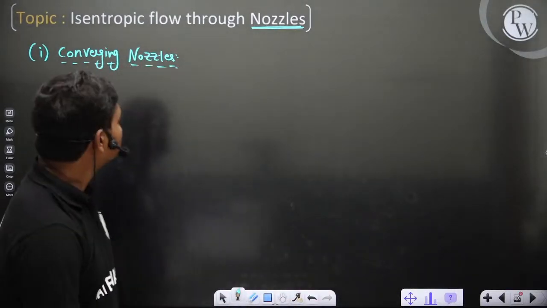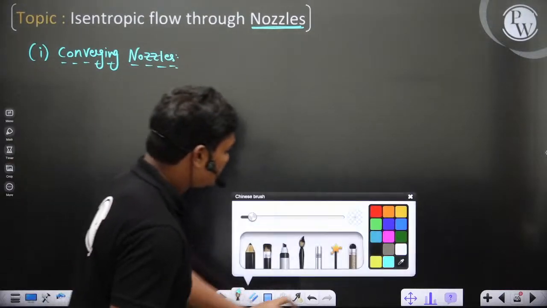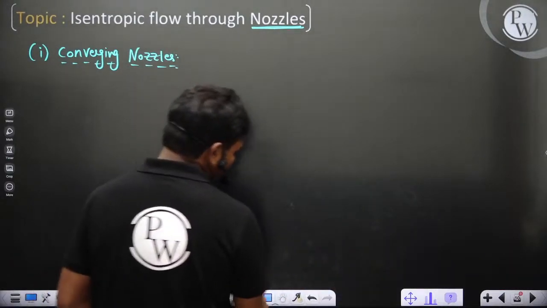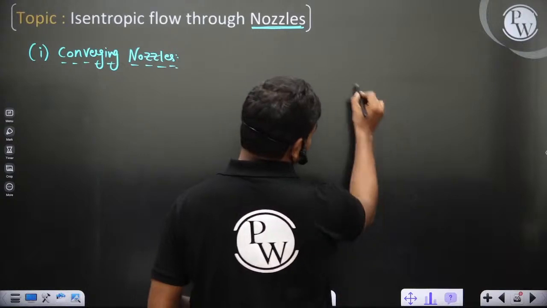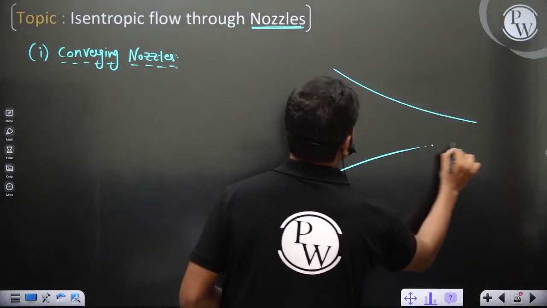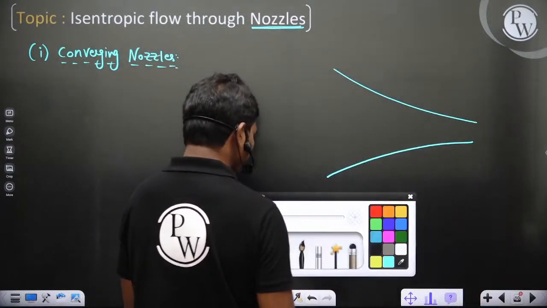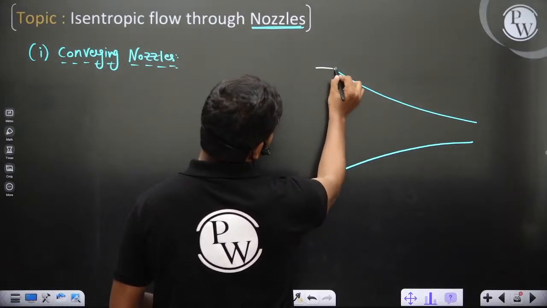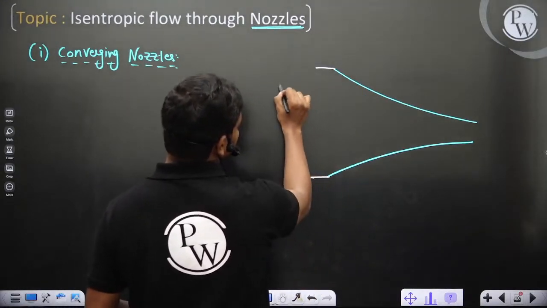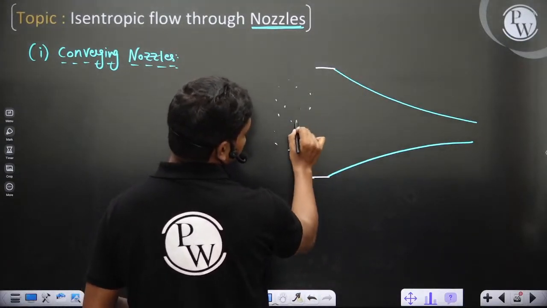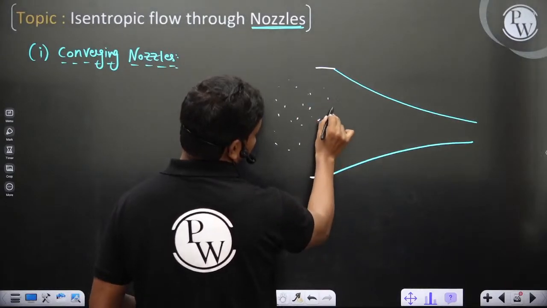Okay. So converging nozzles. Let's see. If we have a converging nozzle, for example, say something like this. And let's say the inlet to this nozzle is from some reservoir. So there is some reservoir here, some reservoir of gas actually.